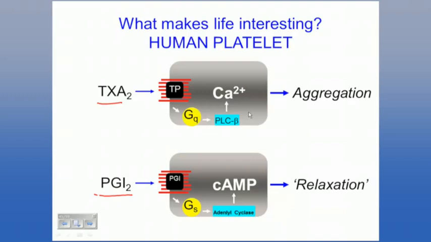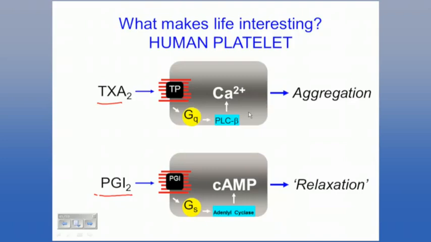So here again, you have competing forces at play. Thromboxane promotes aggregation, prostacyclin inhibits platelet aggregation, and ultimately these exist in a homeostatic phenomenon.